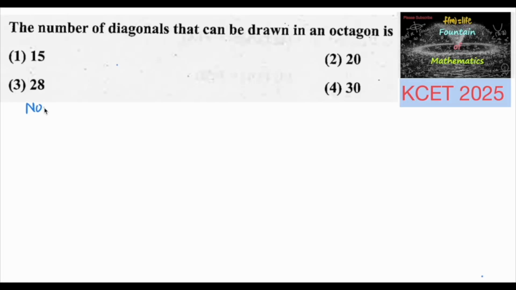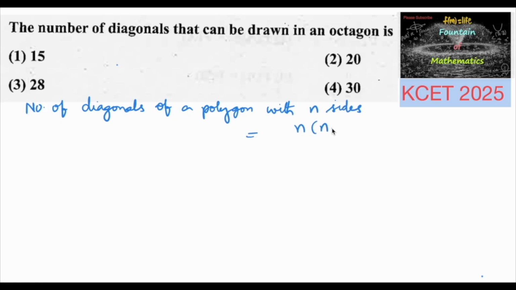The number of diagonals of a polygon with n sides is given by n into n minus 3 divided by 2. So here for an octagon, the number of sides n is equal to 8.